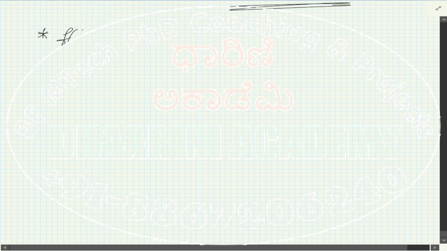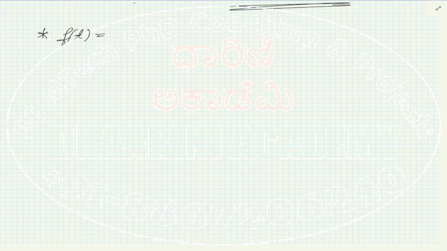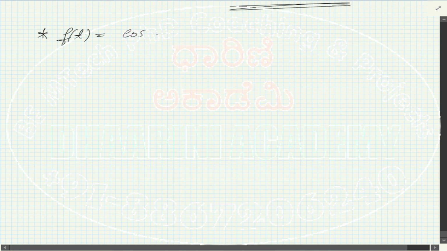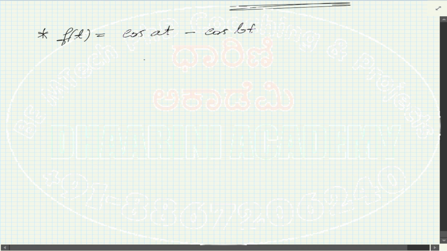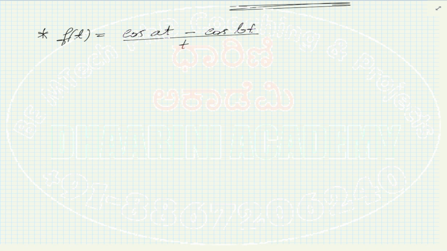Okay, then next one, f of t is equal to, say, cos at minus cos bt, whole divided by t. So as soon as I see this, since there is a divide by t, it has to be the property called integration on the right hand side, or integration of s domain.